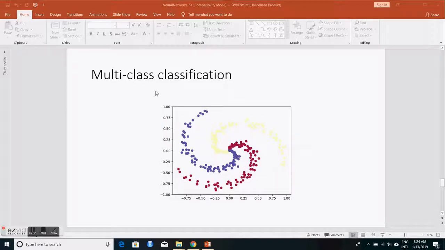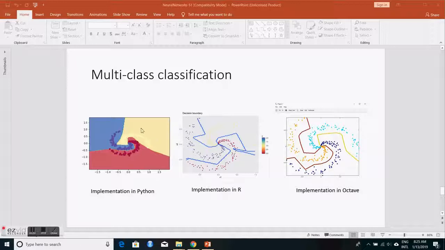I have taken this example for multi-class classification, where we have three classes, this yellow, this slightly vermilion color, and this bluish color, arranged in a spiral, and I used my deep learning network with softmax as the output for multi-class classification, and this is what I get. In Python, when I implemented it, it got a very nice clean separation for all three classes.